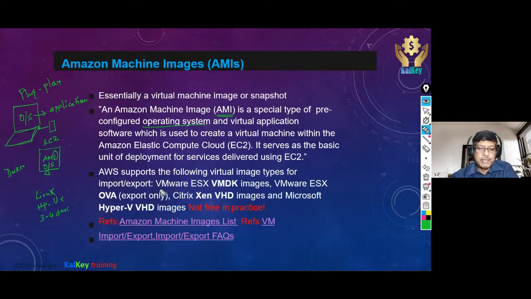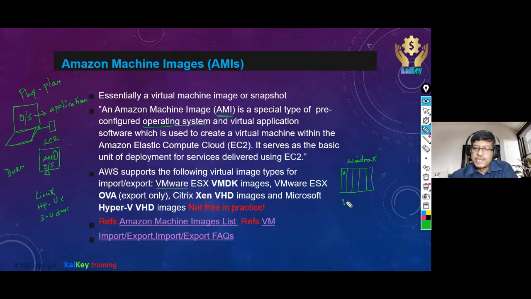AWS supports virtual images or VMware as well. Like Karthik was showing you on his laptop, the host operating system is Windows. On Windows, he has partitioned the operating system into several virtual machines, and each virtual machine can be one operating system.